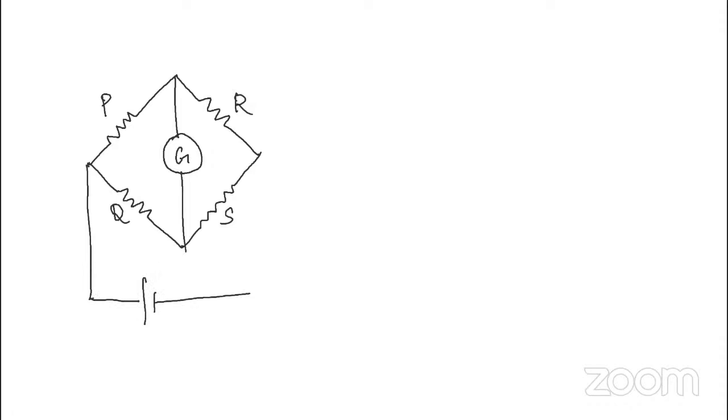Here the four resistances should be connected like this, and in the center part we are connecting one galvanometer, because the bridge should get balanced. Now it is connected with the cell of 6 volts.